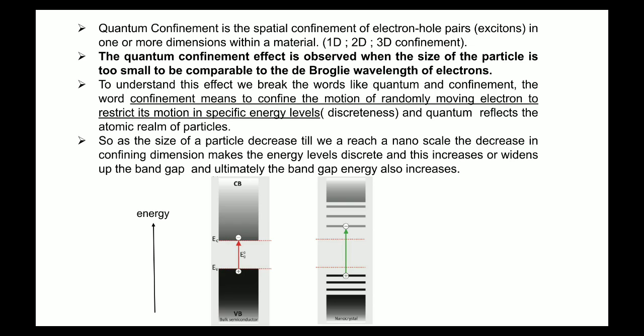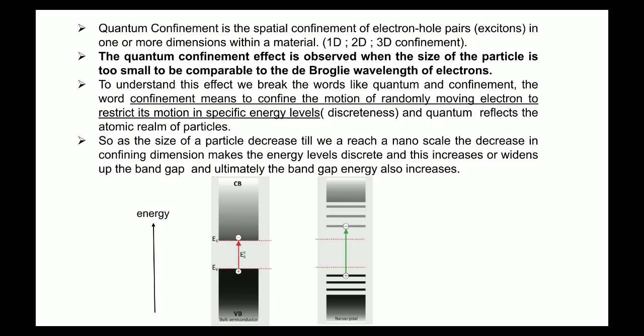So an electron can be present in any one of these three energy levels, or below, in the continuous energy band. So discrete means the space between the energy levels has increased. This is one effect observed in quantum confinement.